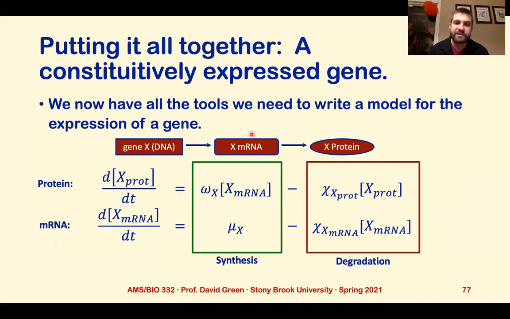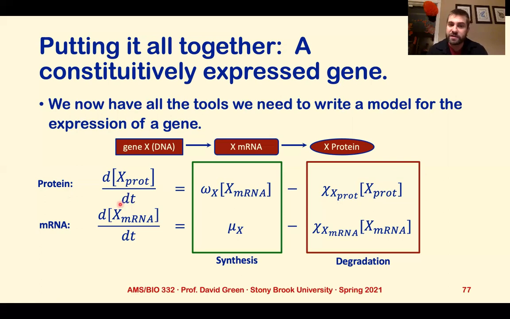Well, it's pretty straightforward. We're going to need 2 equations, one for protein, one for RNA. Remember, these are the 2 components we're tracking. Just as in the case for mass action kinetics, we're going to have ordinary differential equations, a rate of change, a concentration over time.